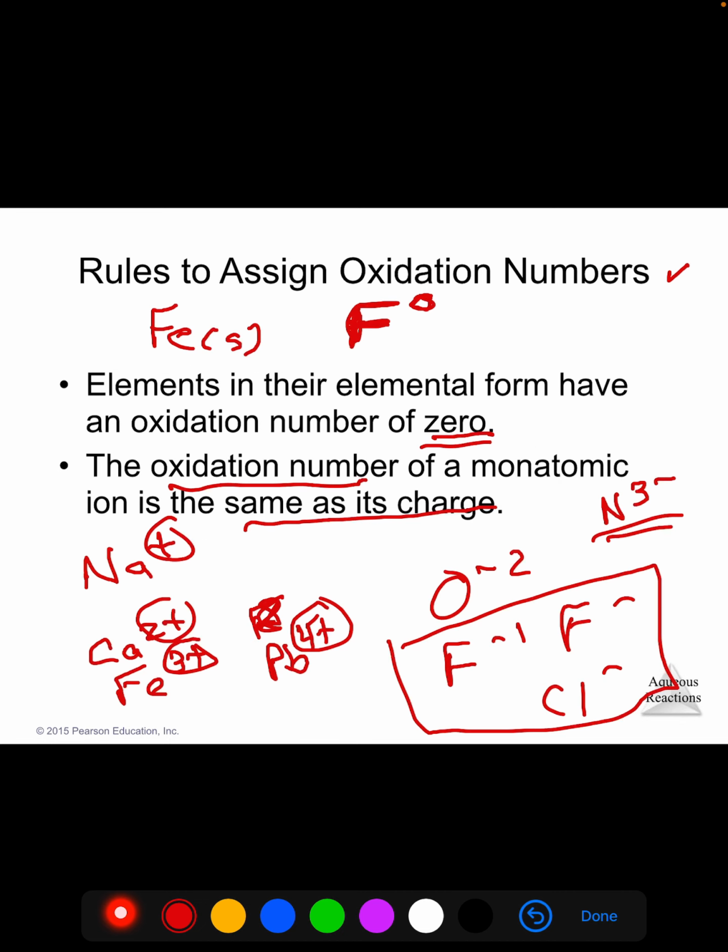If you have an element, your elemental form is always an oxidation number of 0. If you have an ion, a positively charged cation or negatively charged anion, its oxidation number is the same as its charge.